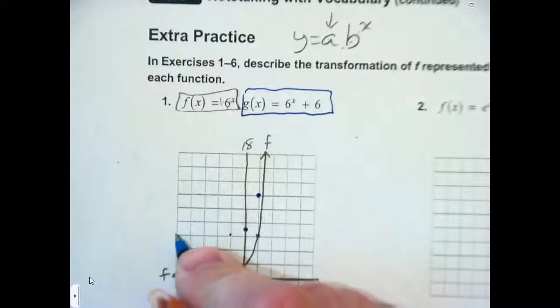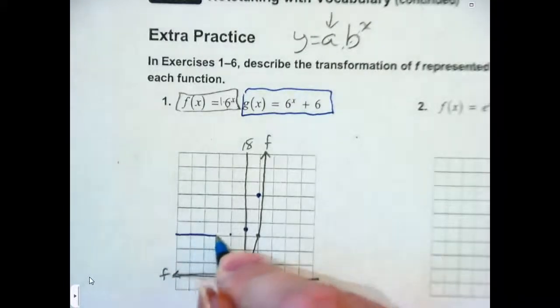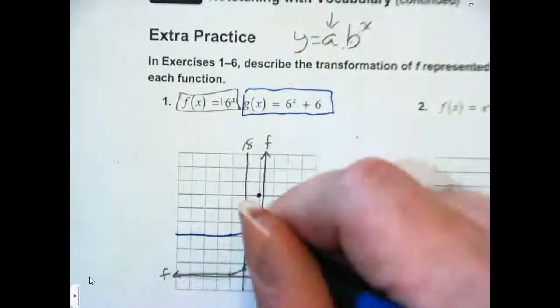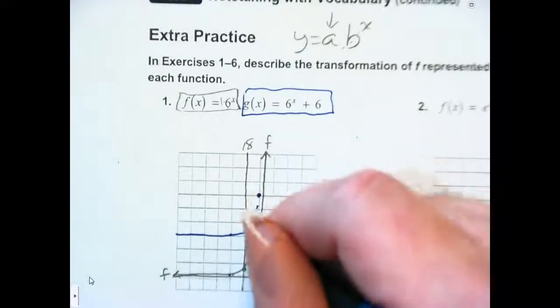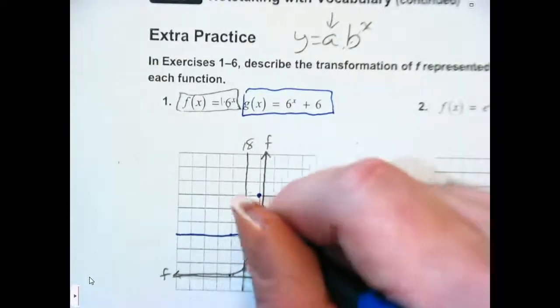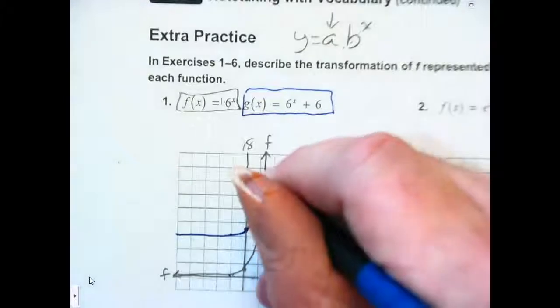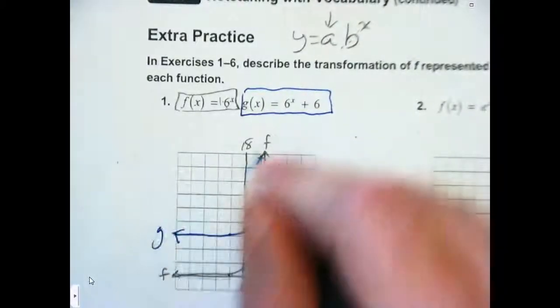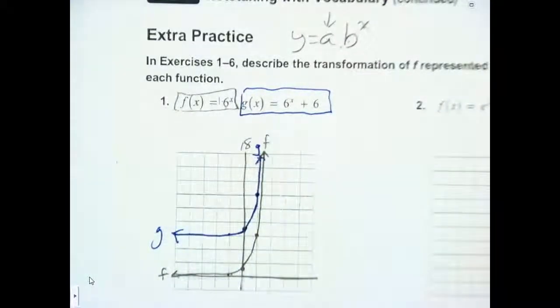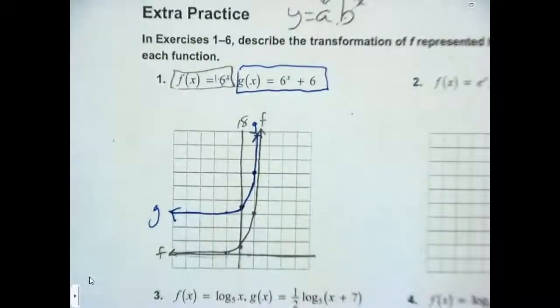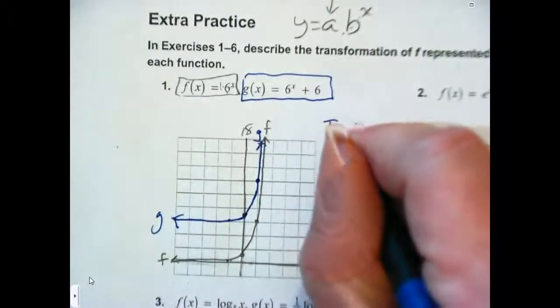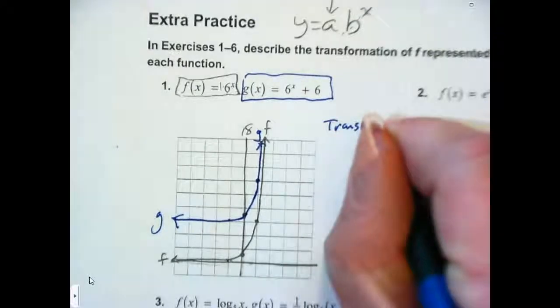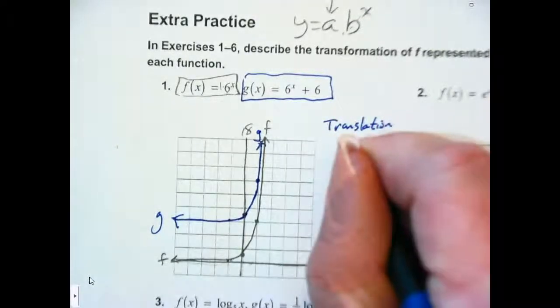This whole graph is shifted up 6. And that means it starts jetting up really fast once again from there. I don't know if jetting up is a mathematical term. However, there we've got it. Describing the transformation, it's a translation up 6.